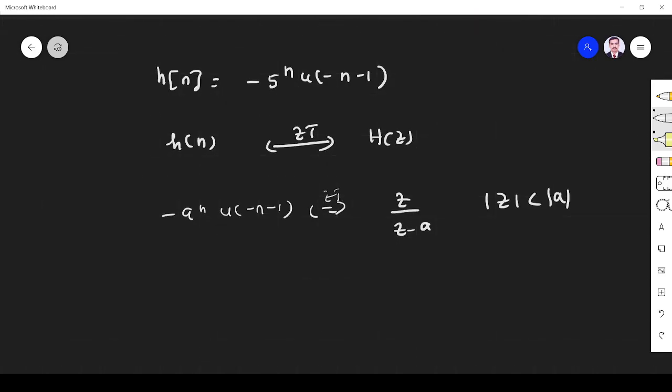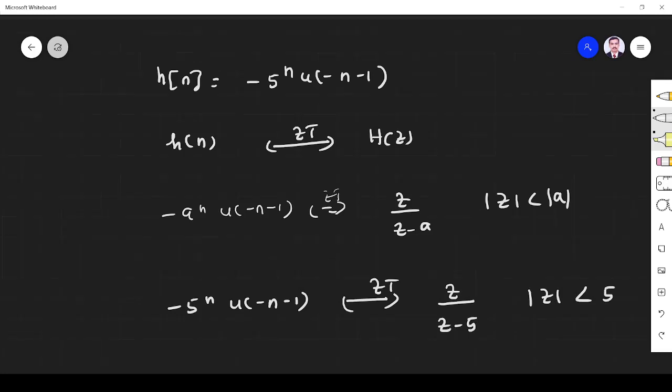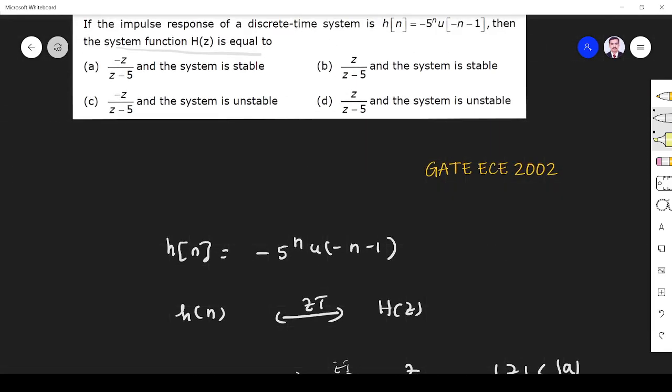Here we have minus 5 power n u of minus n minus 1. For that the transform is z by z minus 5, with mod z less than 5. So what is the z transform? Z by z minus 5.